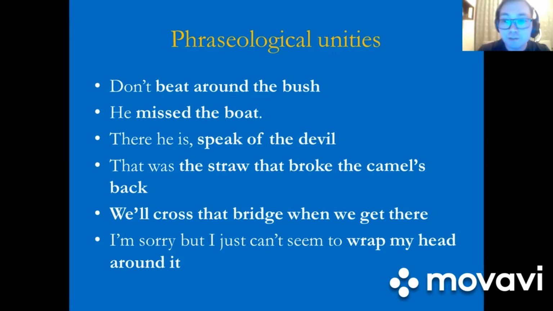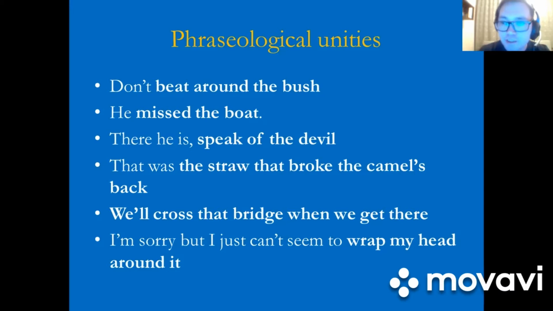If we look at those phraseological units closely, we'll probably be able to derive their meaning. So let's consider some of them. Let's take the last but one as an example. We'll cross that bridge when we get there. So what may the phraseological unit mean?